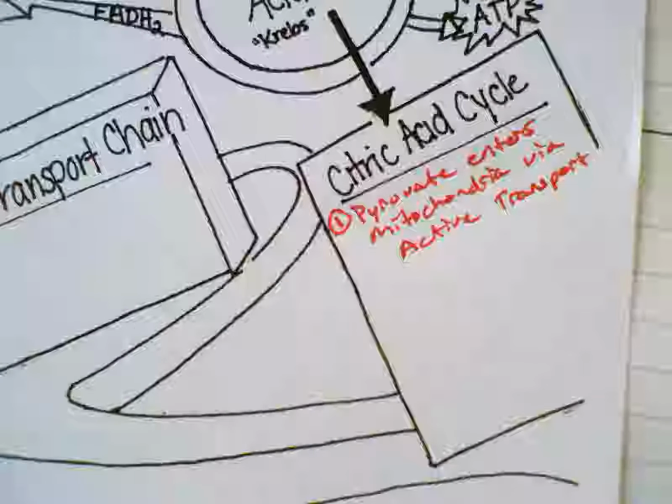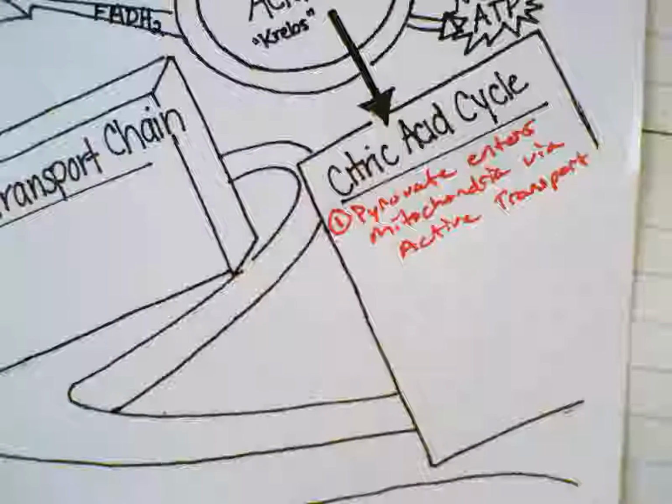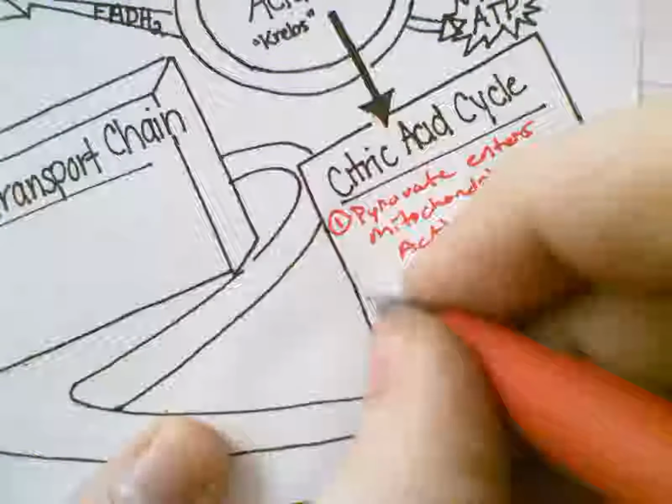Okay. Then, 3 things have to occur to pyruvate in order for it to be used in the Krebs cycle. Do you remember what they are? Yeah. 3 things. CO2 is released because we get rid of the carboxyl group. So number 2.